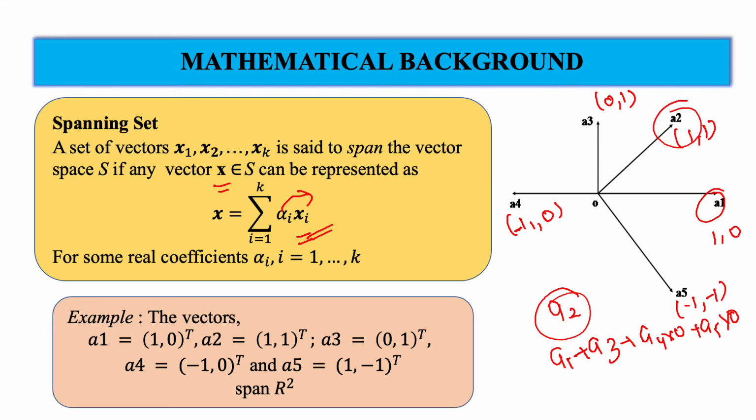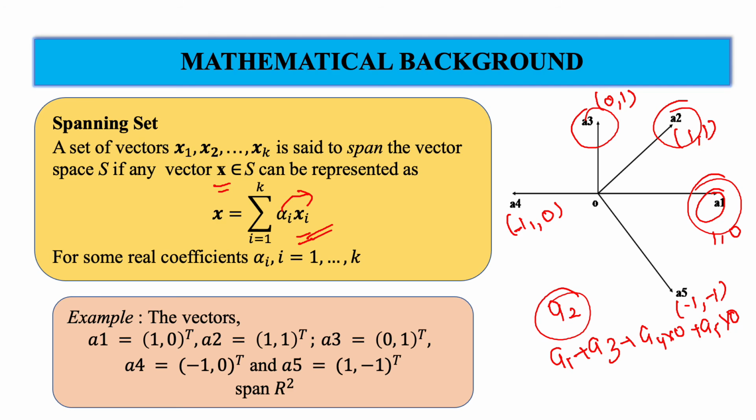Now obviously the next question is: what is the minimum size of a spanning set that is needed to span a given vector space? It is clear that if you are given just one vector A1, it cannot be used to represent every vector in two-dimensional space. On the other hand, if you are given A1 and A3, we can represent any vector in two-dimensional space.